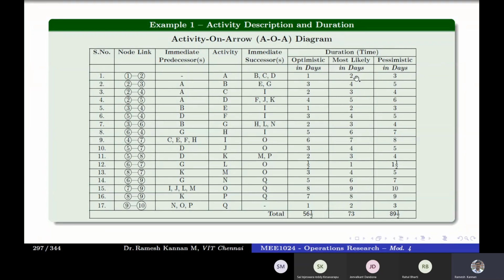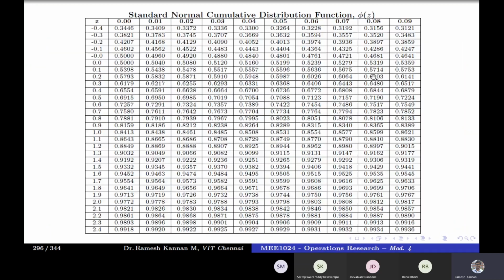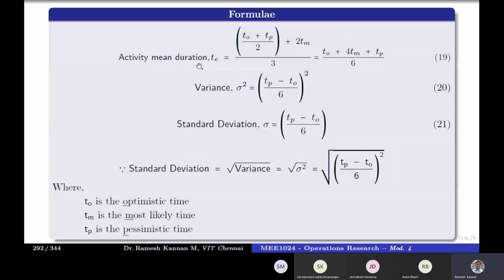One important thing to be noted: in this first example, I have not varied the intervals. For example, if it is 1, 2, 3, and 2, 3, 4, and so on, 6, 7, 8, then when you find the average duration, say for example, 1 plus 4 times 2 plus 3 divided by 6 is 2, which gives us the most likely value.